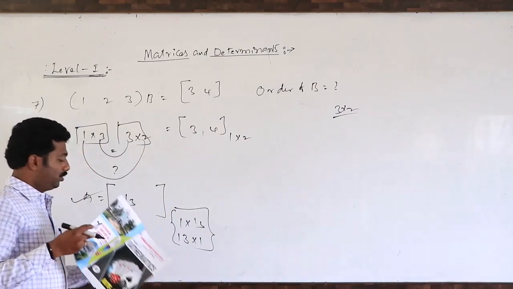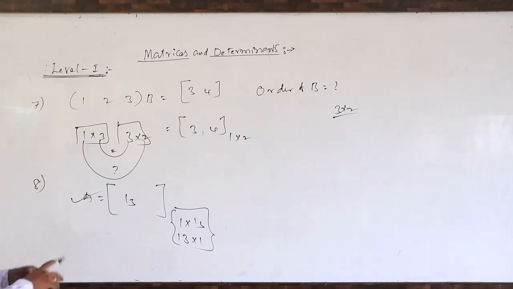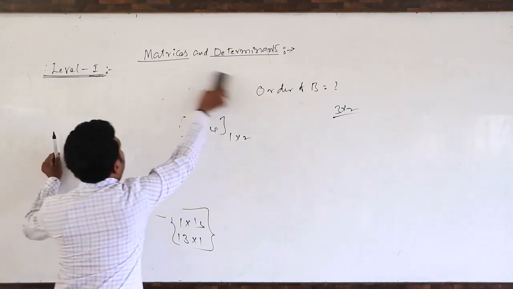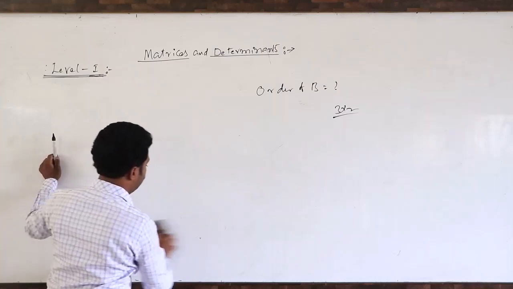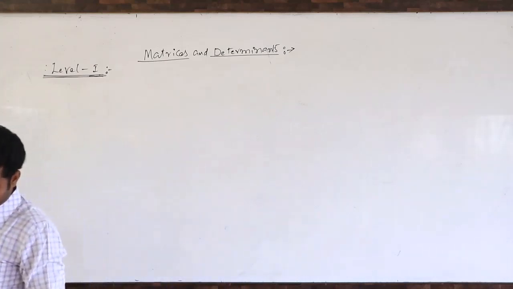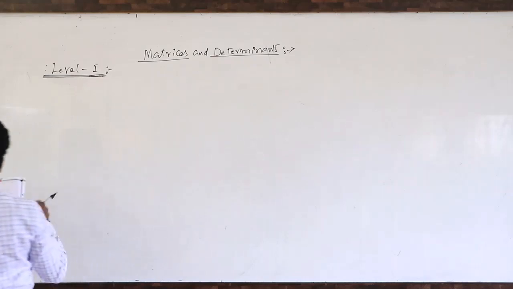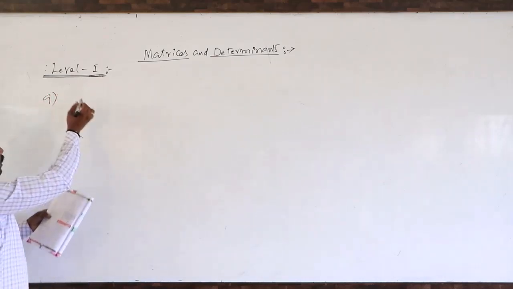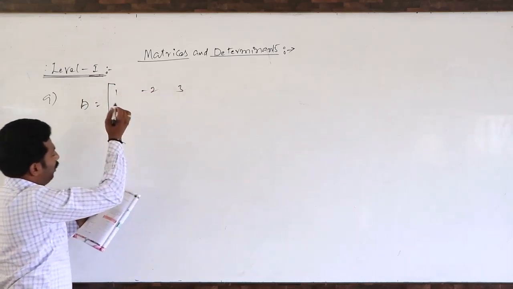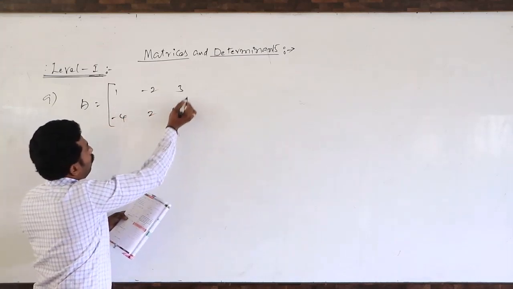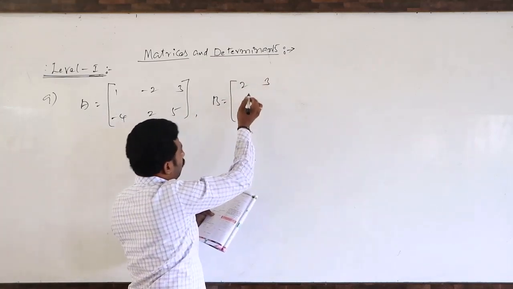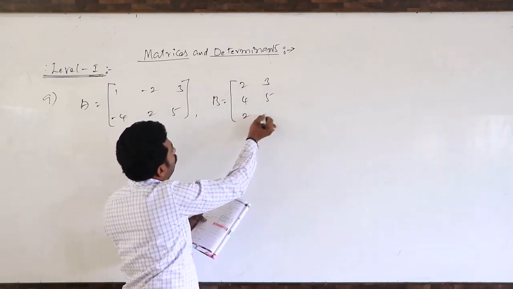Next, question number 9. A is the matrix [1 -2 3; -4 2 5], and B is the matrix [2 3; 4 5; 2 1].